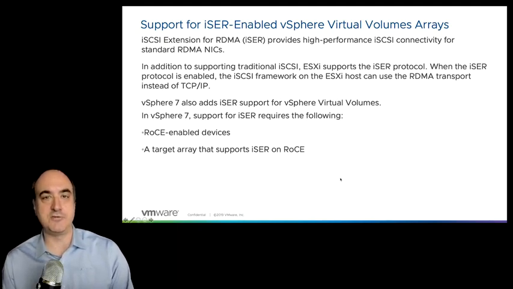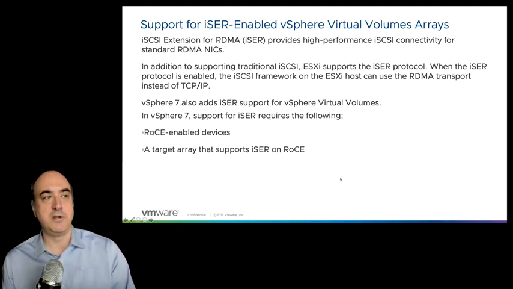So that gives direct access from the memory of the host to the memory of the array, bypassing operating systems and CPU, as well as doing this over RDMA over Converged Ethernet version 2, RoCE version 2, which offers a lossless Ethernet network, giving very high performance, very little latency in giving direct connections through the Ethernet network to your storage infrastructure. Should offer higher throughput, lower latency than traditional TCP/IP.